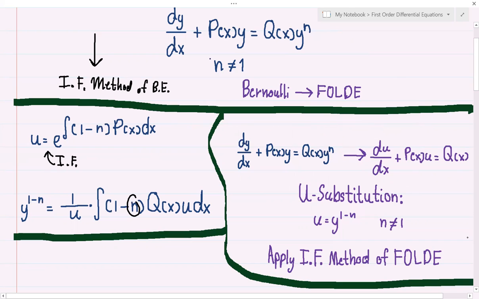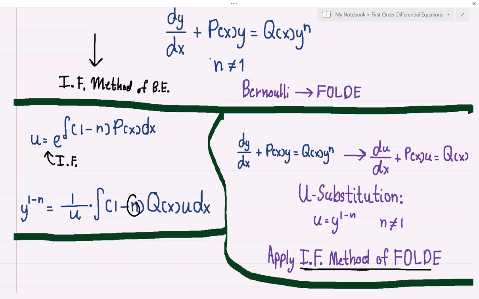After you have converted Bernoulli's equation to a first order linear differential equation, now you're going to apply the integrating factor method of first order linear differential equation.